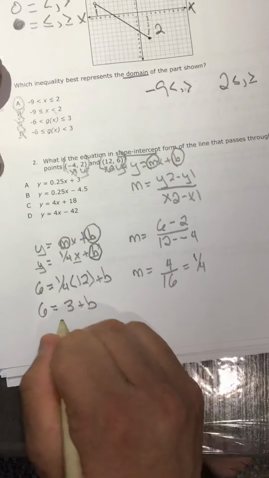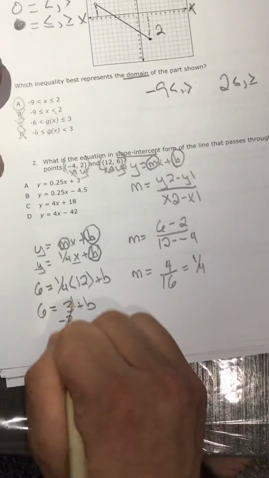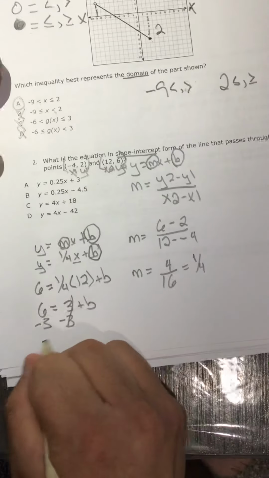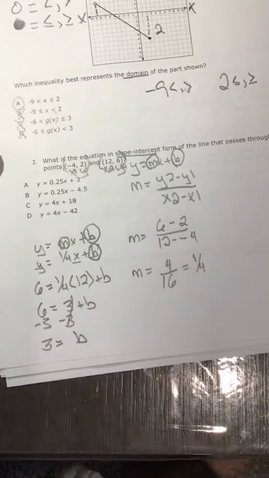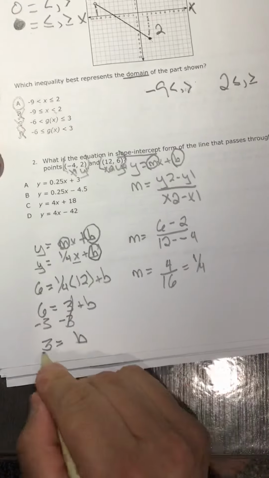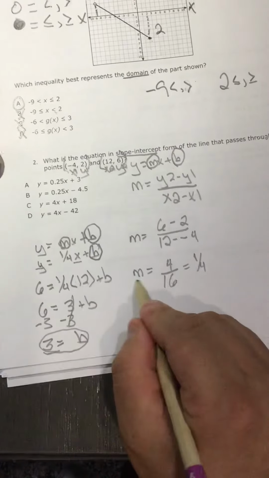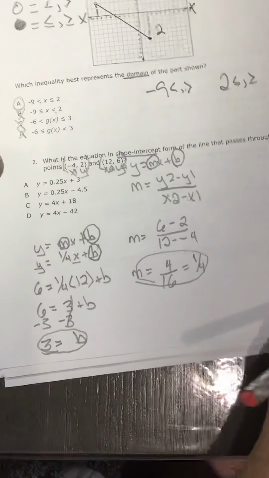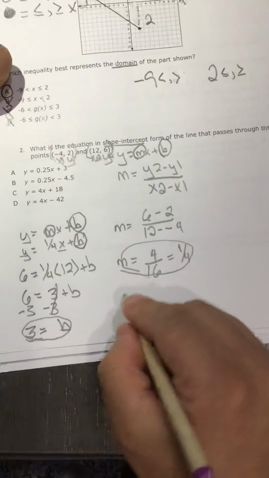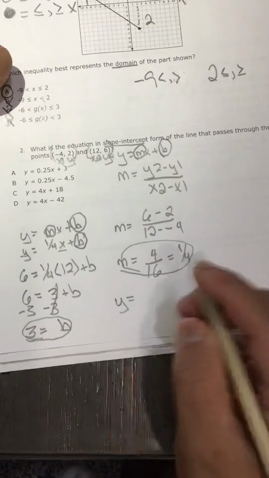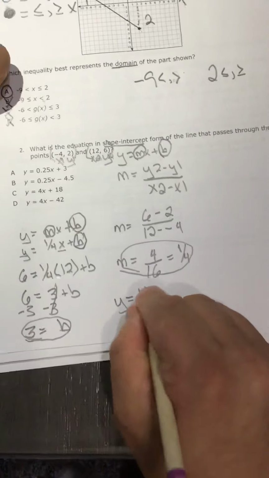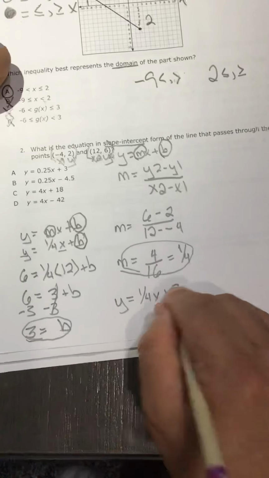Hay que tener b solo, entonces vamos a restar 3. Cancelarlo. Menos 3. 3 es igual a b. Tenemos b equals 3, m equals 1/4. Respuesta de esta solución es y es igual a 1/4 x más 3.